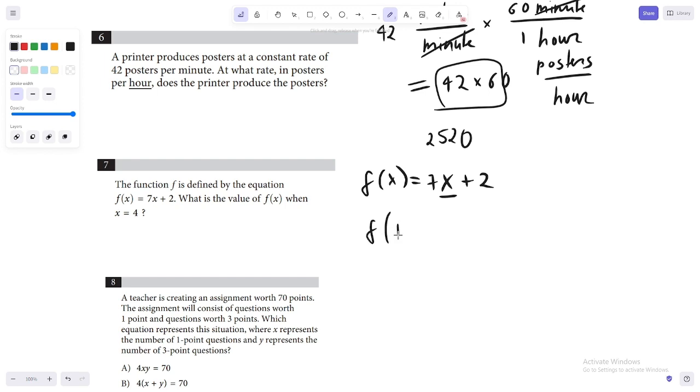So f of 4, that's the notation we're using, is equal to 7 times 4 plus 2. And that is equal to 28 plus 2, and that's equal to 30.